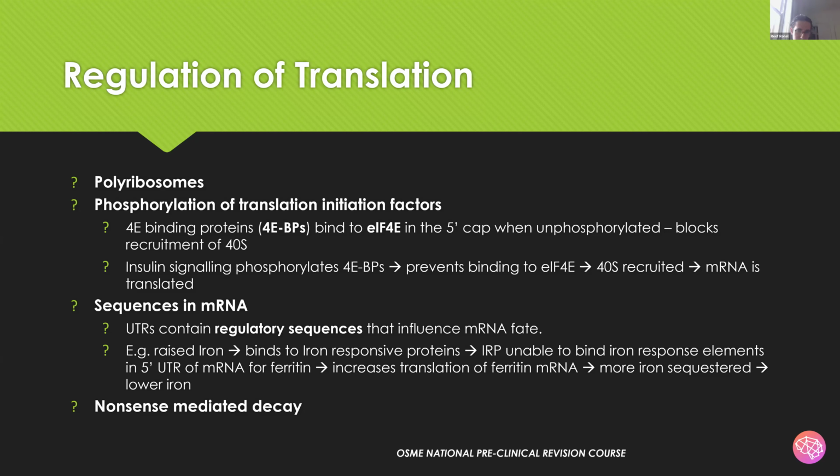And so if they're unable to bind because they're bound to iron instead, they are unable to inhibit translation of ferritin. And so more ferritin is produced, and ferritin as a protein sequesters iron, and so that results in lowered iron. These examples of insulin and iron are what you need to know for your exams.